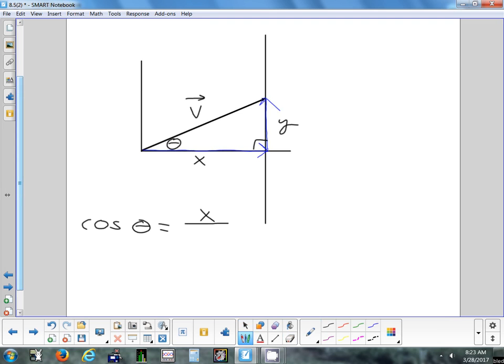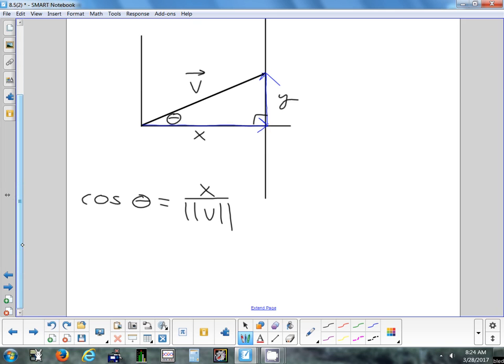Yeah, the magnitude of v. So technically here, if these are all vectors, it's really the magnitude of x, but just to simplify it, I'm just calling it x over the magnitude of v, because the magnitude is the actual length of the side. And now how would I get x by itself? Multiplied by the magnitude of v.